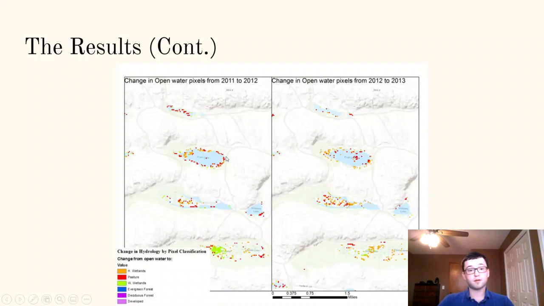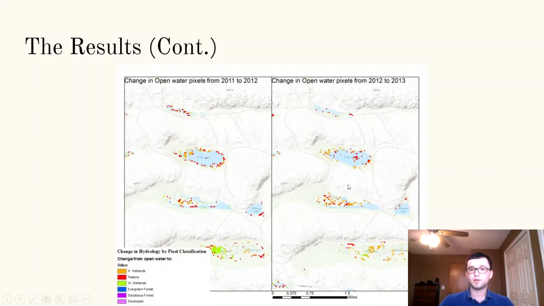We see it occurring in a pretty well-defined ring around Pratt Lake, and we can see it occurring down south here in some of the lowlands. So this indicates that these areas are drying, and basically that there was a drought. And so that's exactly what we expected.